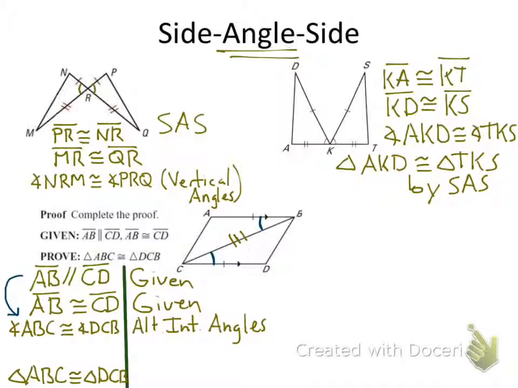Now wait a minute, BC is in both triangles, so BC is congruent to itself, which is reflexive, and gives me congruent triangles, and the reason I have them is side, angle, side.